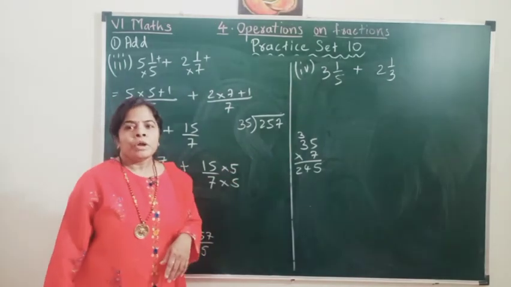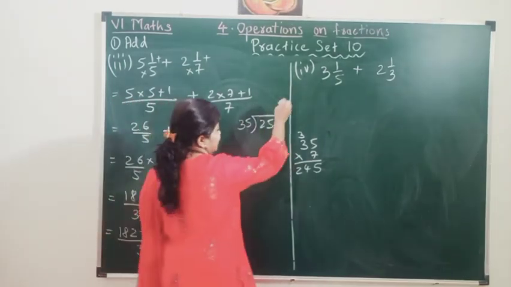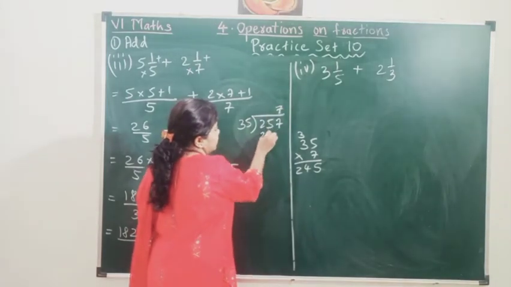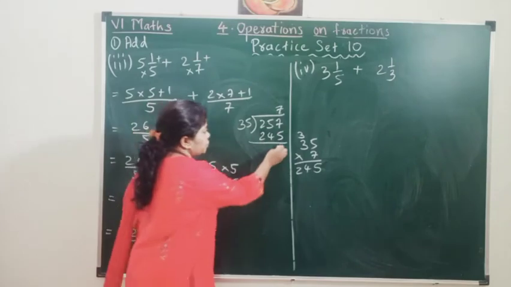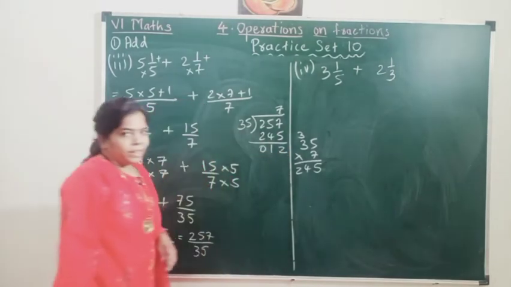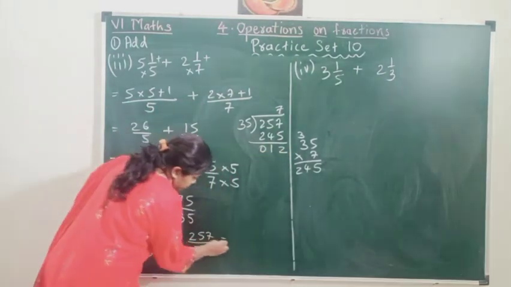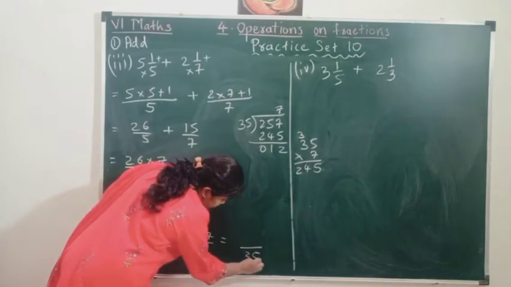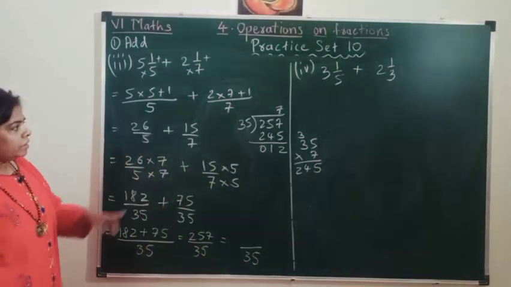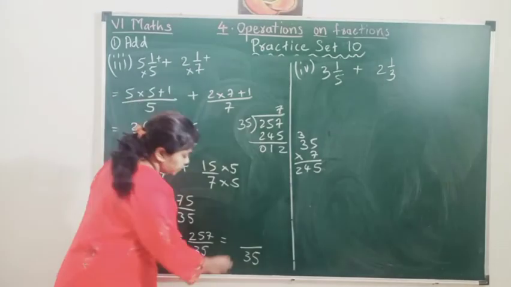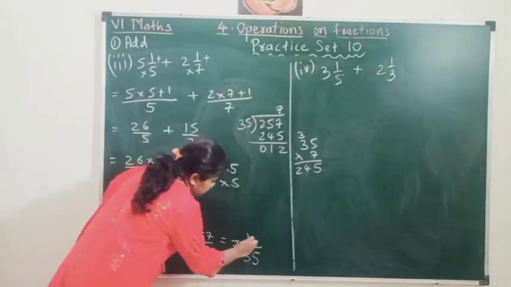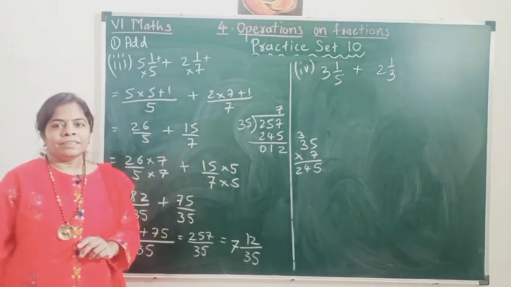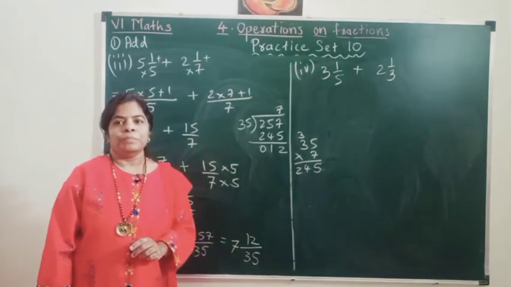Very close to 257. Seven minus 5 is 2. 12. Okay. 35 is the denominator, quotient is 7 and remainder is 12. So that's your answer in the mixed fraction form.